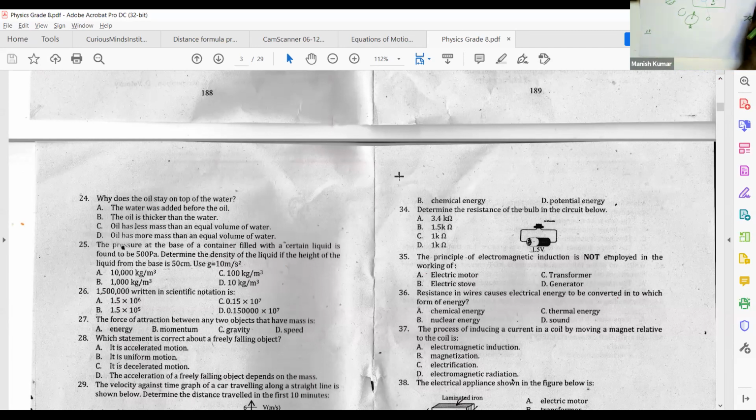Biruk, that logic is incorrect. Yes, Caleb, what do you want to ask? You can turn on your mic and ask. I wondered what the answer for question 27 was. C, gravity. Okay, thanks. Gravity is the right answer.